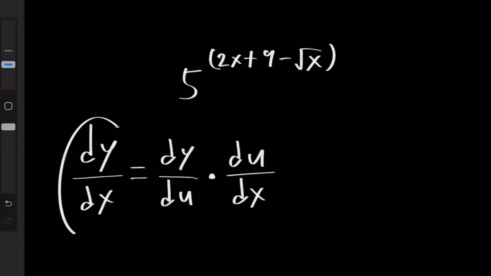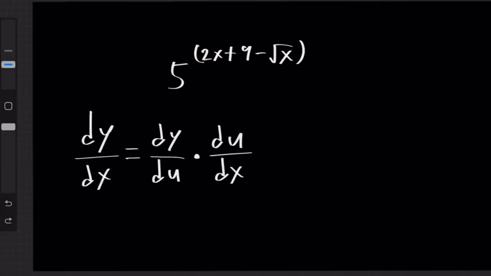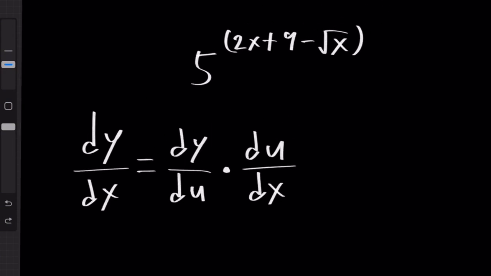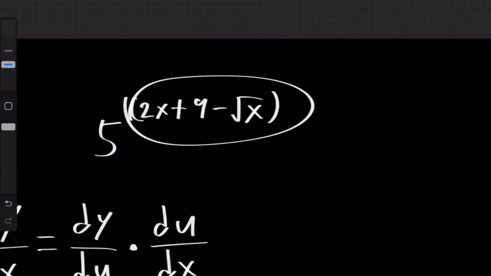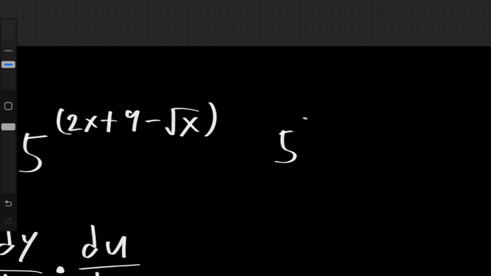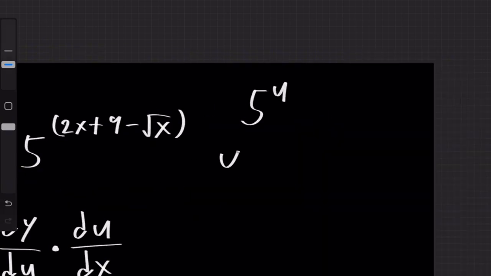So the derivative of this is going to be this multiplied by this. So if we do this example, we substitute this for u, and we'll get 5 to the power u, where u equals 2x plus 9 minus the square root of x.